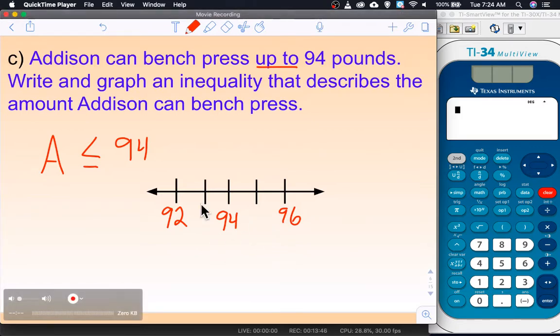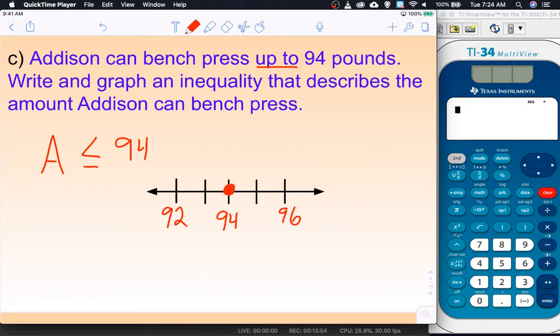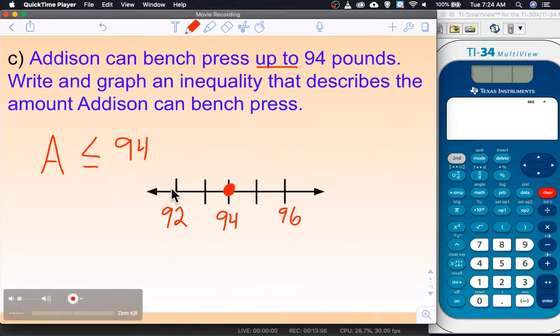Okay, dot. At 94, I need a solid dot. Now, a trick you can use to help you see the difference between the solid dot and the hollow dot is the solid dot, the ones that are included in your solution, will always have this little or equal to line. That is really the difference between them.